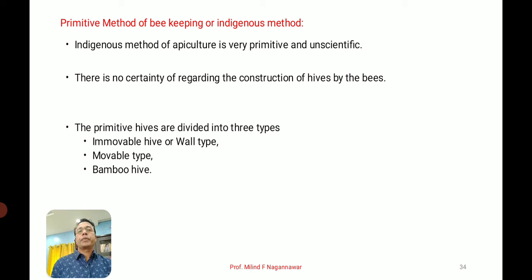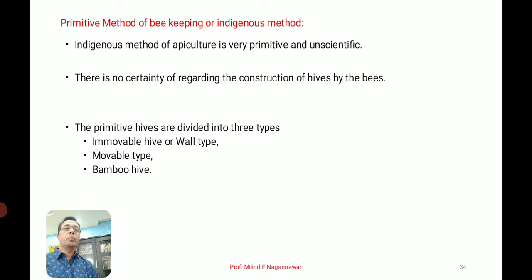Now, the indigenous or traditional method, which we call the primitive method of beekeeping, is a very old and unscientific method of keeping honeybees for the extraction of honey. Here the construction of the hive by the honeybees is very uncertain, always by chance.